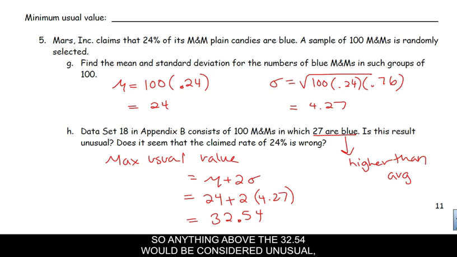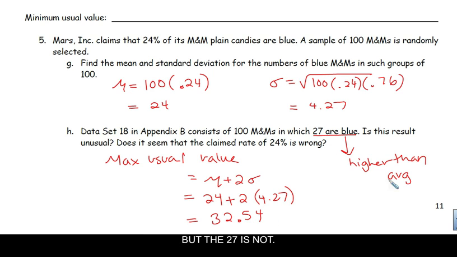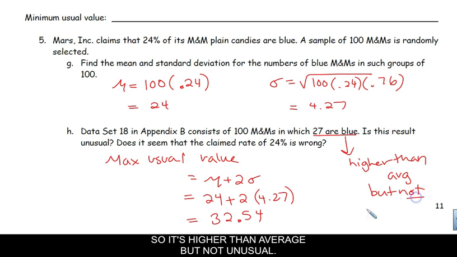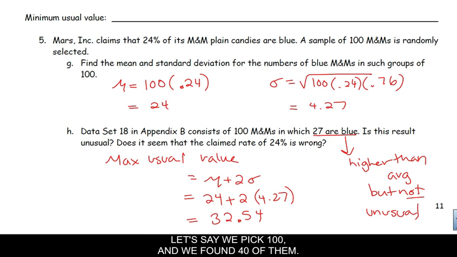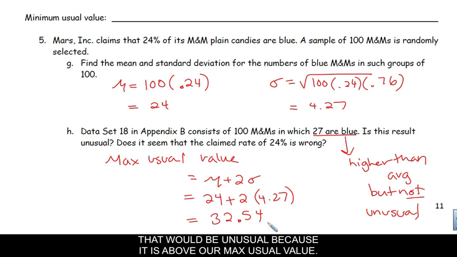So anything above that 32.54 would be considered unusual, but the 27 is not. So it's higher than average, but not unusual. Let's say we pick 100 and we found 40 of them. That would be unusual because it is above our max usual value.